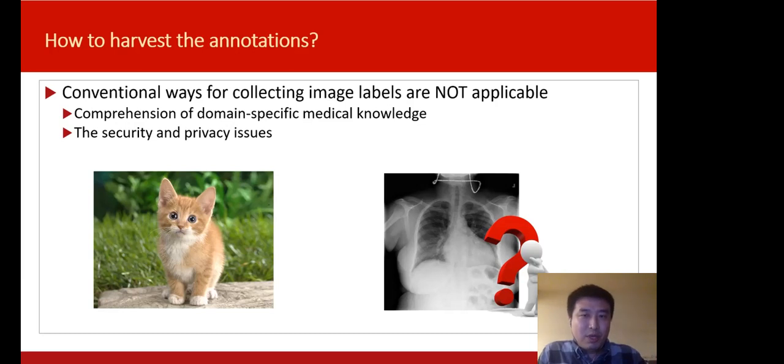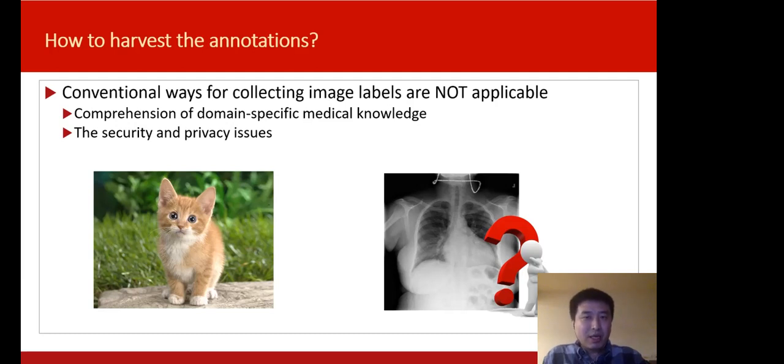And number two, there are also issues of security and privacy. It is much harder to put medical images on the internet and ask people around the world to annotate them. So both of these reasons make it very hard to construct a labeled medical image dataset. What alternative way can we look into?